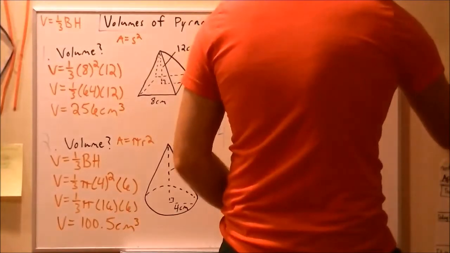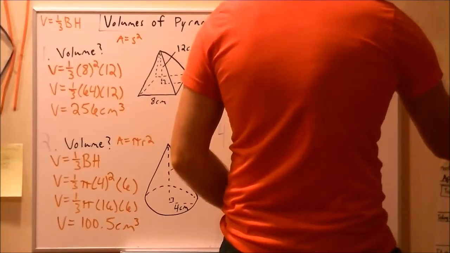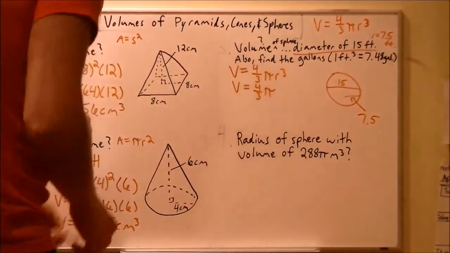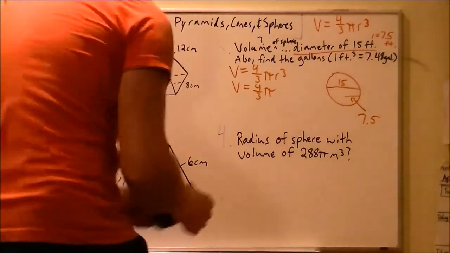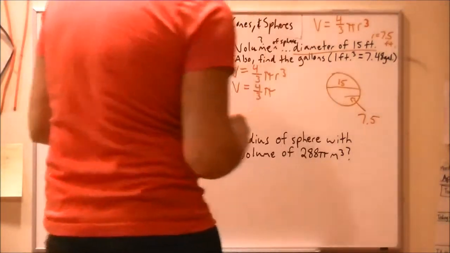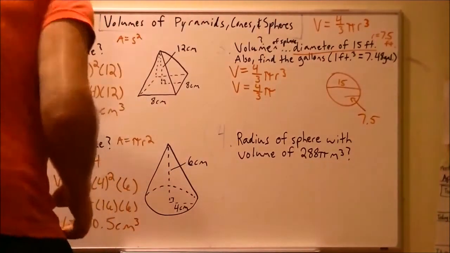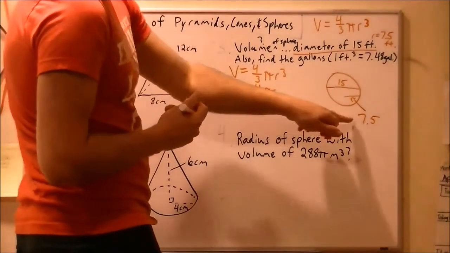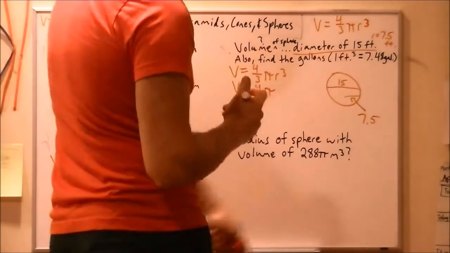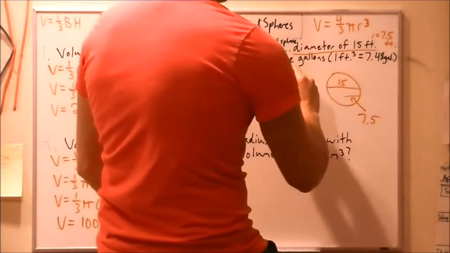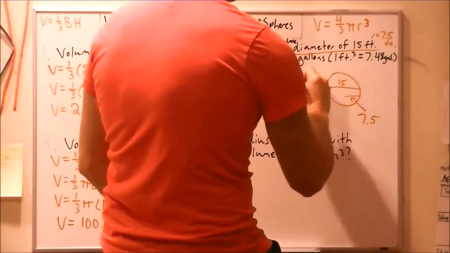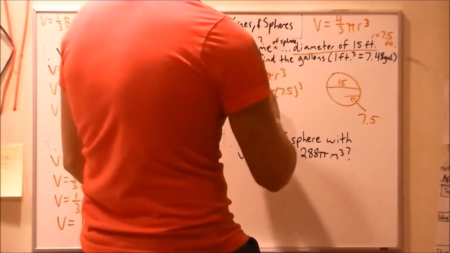If my diameter is 15 all the way across the circle, then my radius has to be 7.5 feet. So my radius is 7.5, which we found by cutting the diameter in half, and that is going to be cubed.